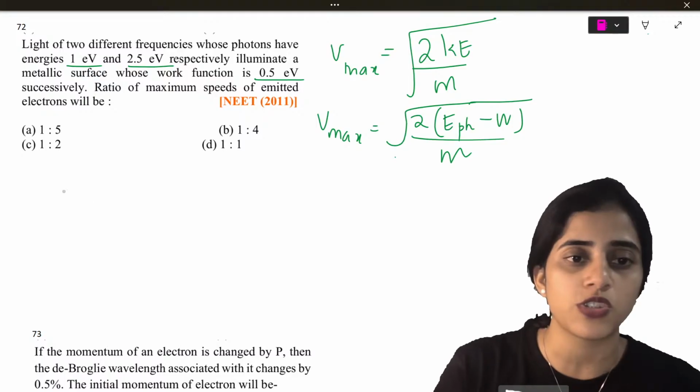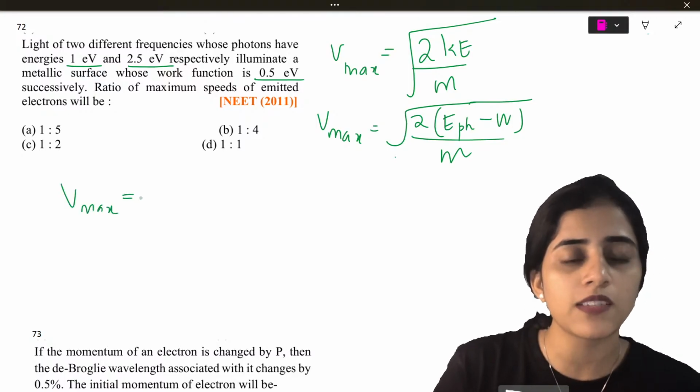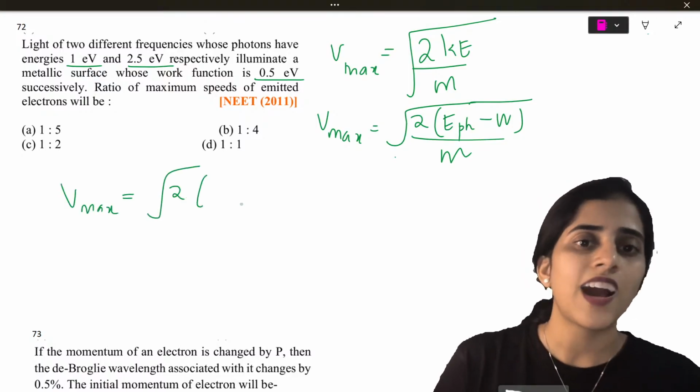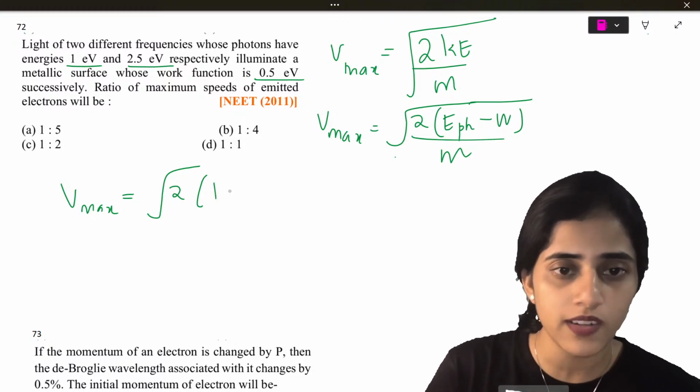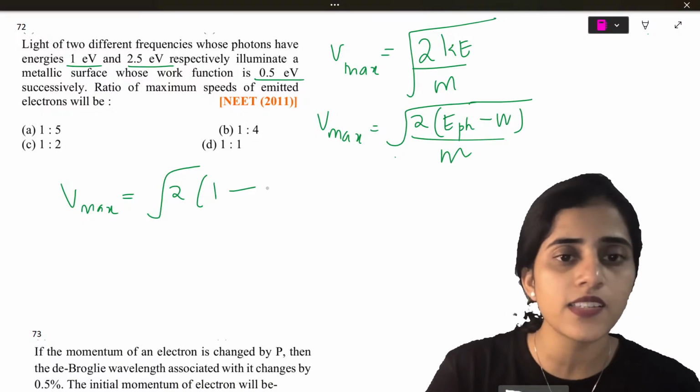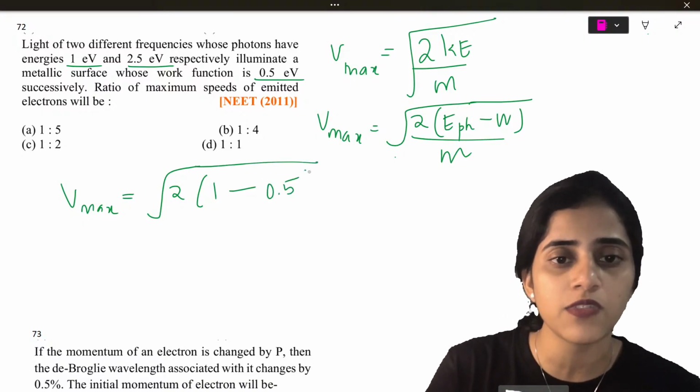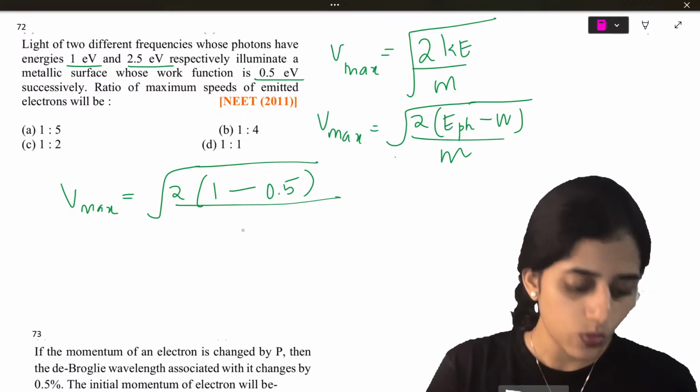Now, simple substitution. V max is going to be square root of 2 times (1 minus 0.5, the work function), the whole divided by the mass.